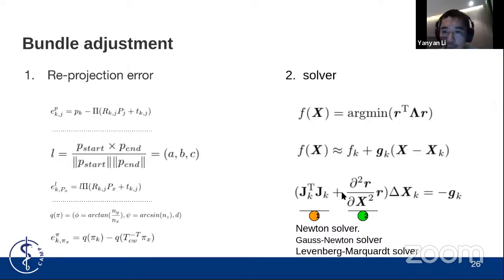If you remove it, it means comparing the weight of this part with Jacobian transpose Jacobian. For some good inputs, this part can take a very important role. But for some bad inputs, this part cannot even be removed directly. Okay.